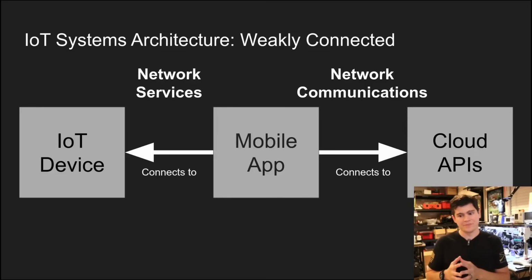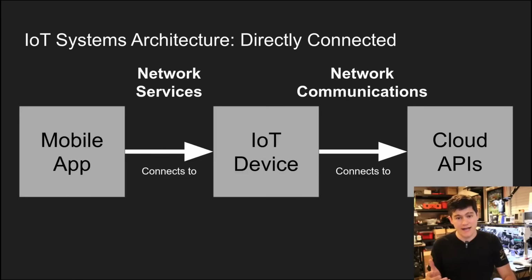And then that mobile application can communicate with some cloud servers, APIs, backend systems, you name it. But this is the weakly connected architecture, where the IoT device itself is not really performing any network communications. It's happening via some other channel like Bluetooth, and it's relying on some kind of client application to pipe that data where it needs to go to the cloud.